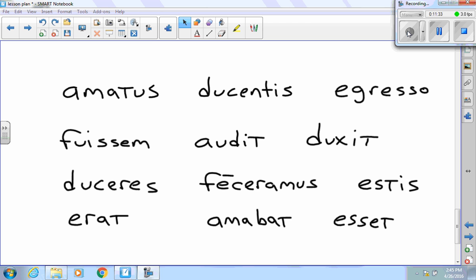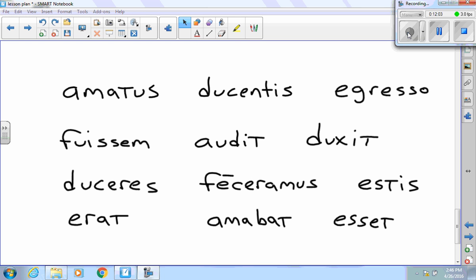So we start off, I'm going to let you look at these and see if you can tell me what they are. Amatus, that's a perfect passive participle. Ducentis, present active participle. Egresso, that's one of our deponents, so it's a perfect active participle. Fuissem is pluperfect active subjunctive. Audit, present active indicative.